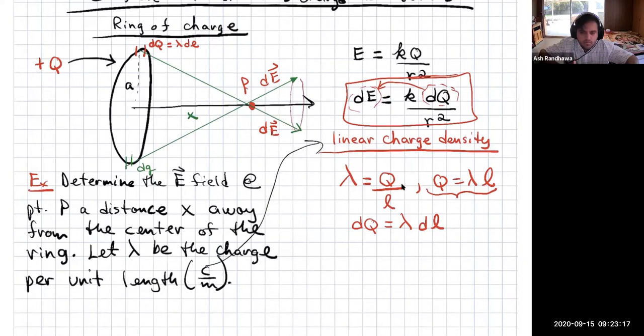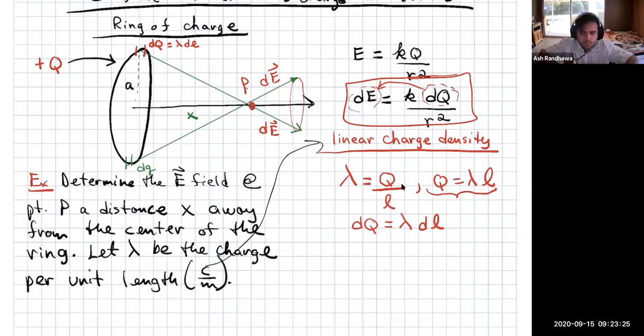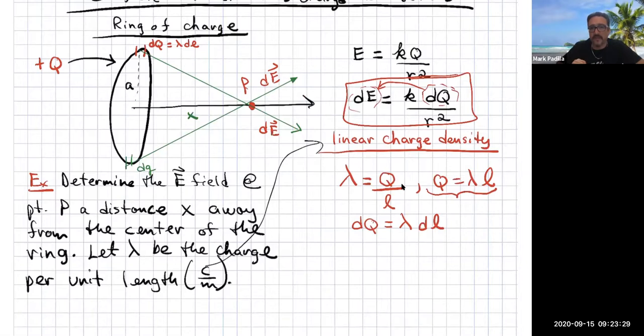It's a cone of dE's all the way around. We're just drawing the limits of those dE's to make it easier. The top dE and the bottom dE, guess what they have in common? You have a dEx, and you have a dEy and a dEy.